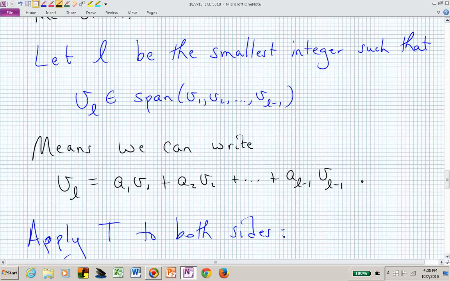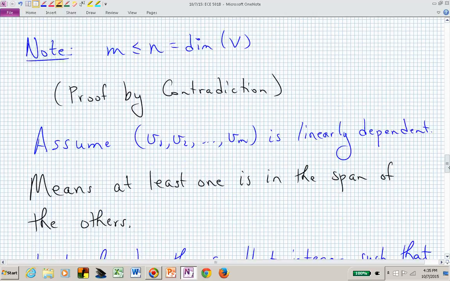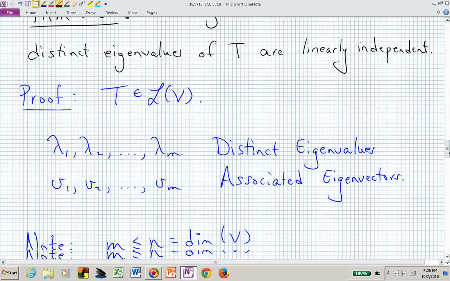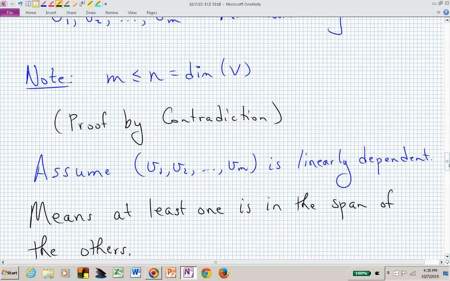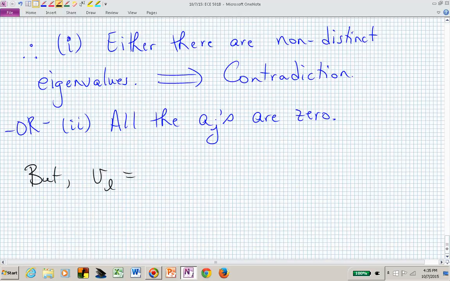And that's not what we started with. We said it's in this set of vectors that are linearly dependent, and we didn't allow any of those to be 0. So now this fact that v sub l is a1 v1 plus a2 v2, that's how we originally found all of these a's.